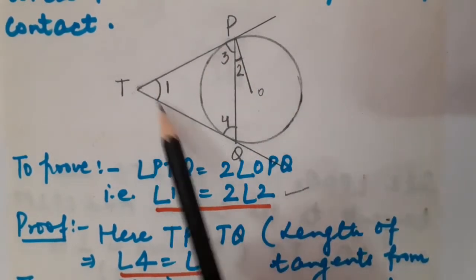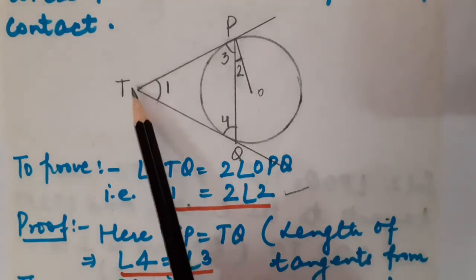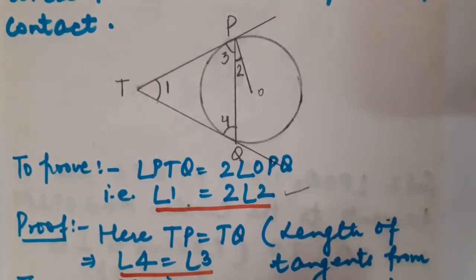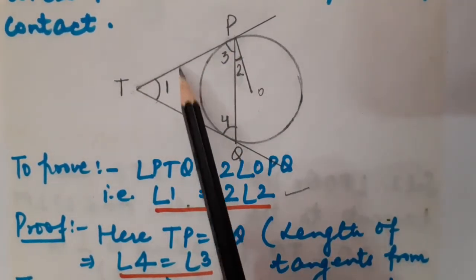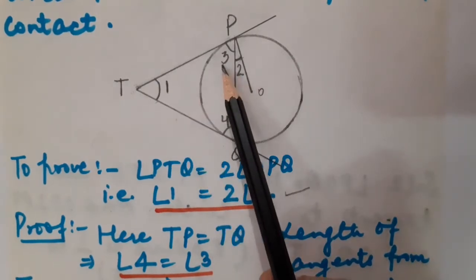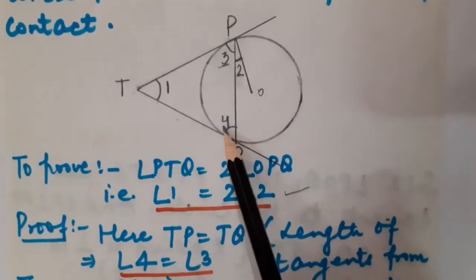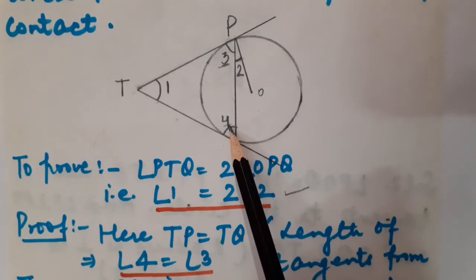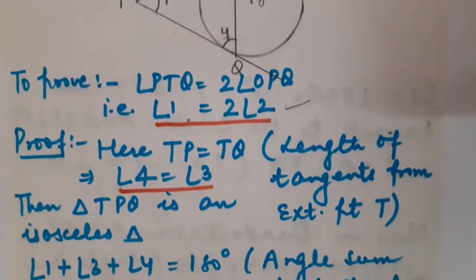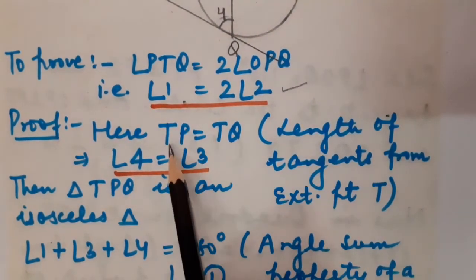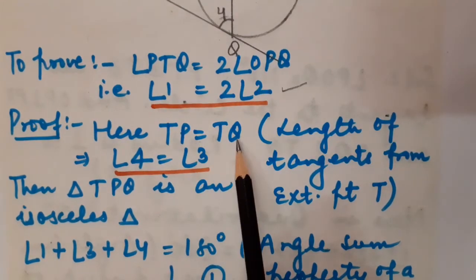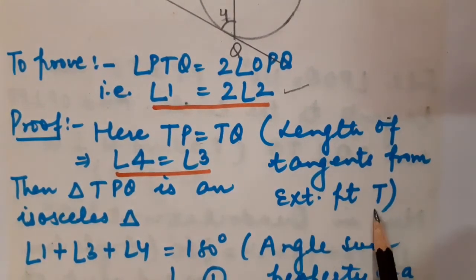So if TP is equal to TQ, can I say that TPQ is an isosceles triangle? If this is an isosceles triangle, then definitely the base angles will also be equal. Means angle 3 must be equal to angle 4. Correct children? So now just have a look at its proof. TP is equal to TQ. Reason: lengths of the tangents from the external point T to the circle are equal.